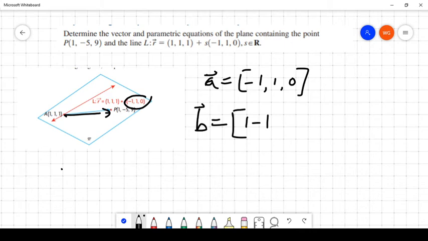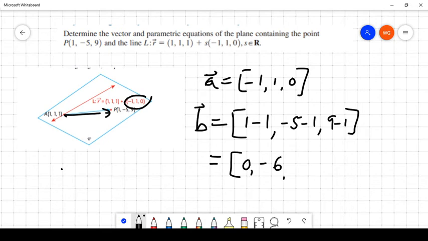The x component is 1 - 1, the y component is -5 - 1, and the z component is 9 - 1. That equals (0, -6, 8).